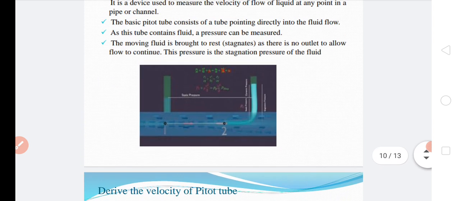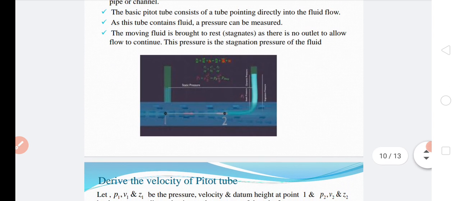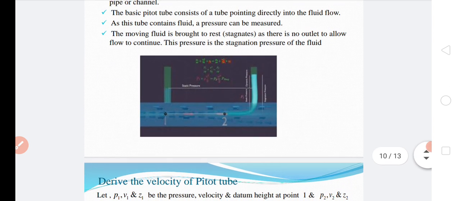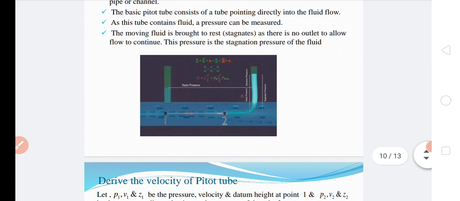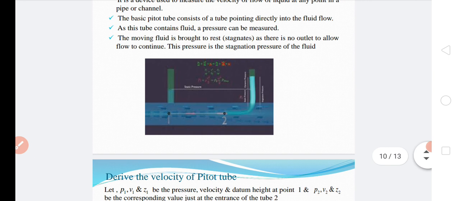In this figure there is a static pressure, and above it there is a rise in liquid level.